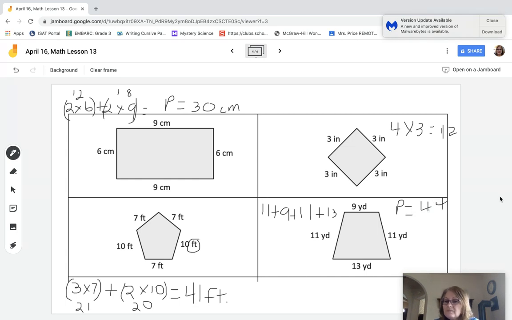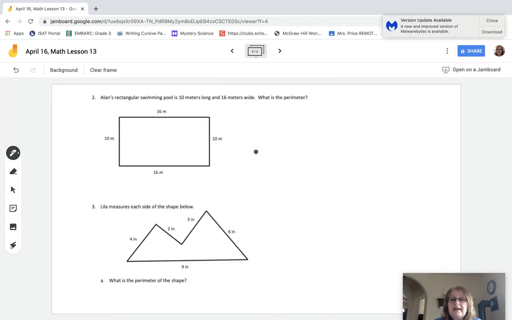Okay? So really that's all we're doing for today's lesson, and your assignment is you're just going to be figuring out what's the perimeter of these shapes. So this one again is just find the perimeter.